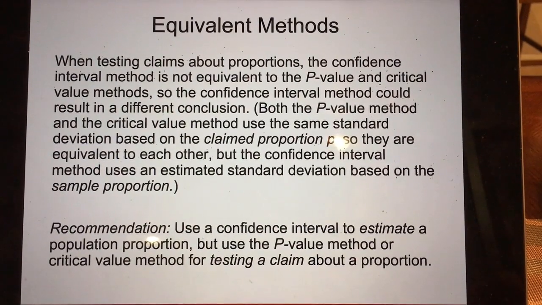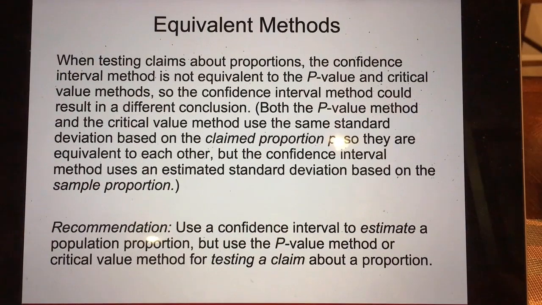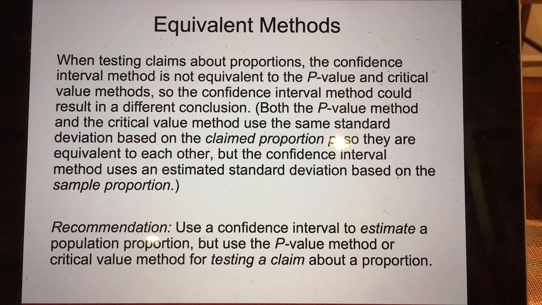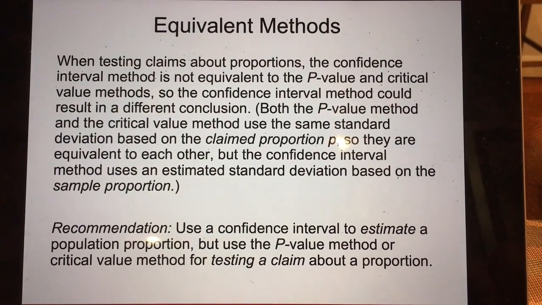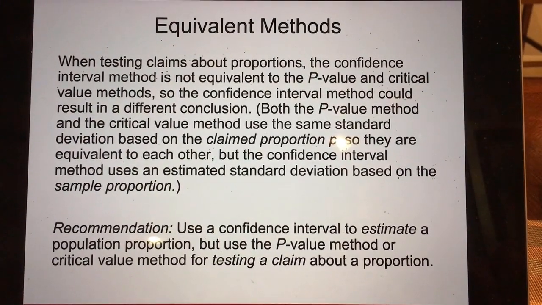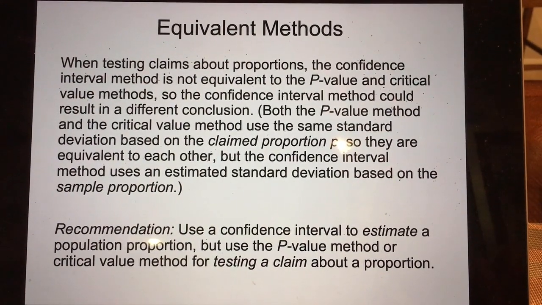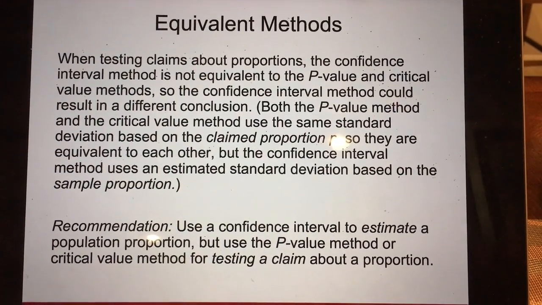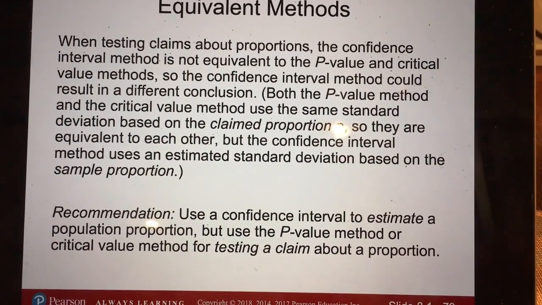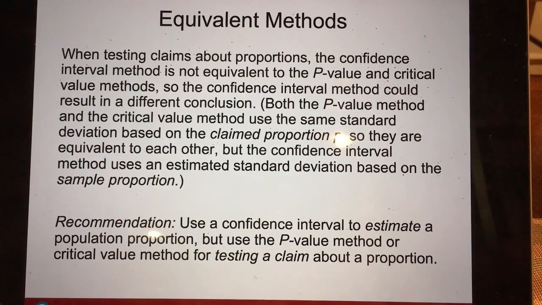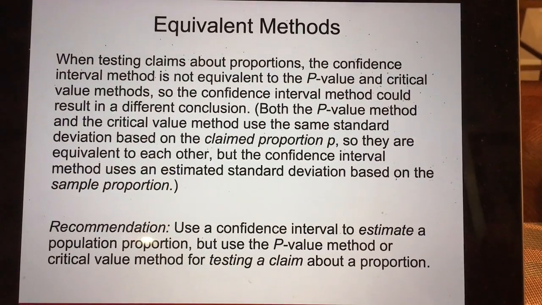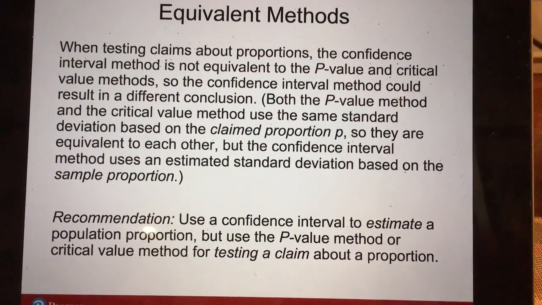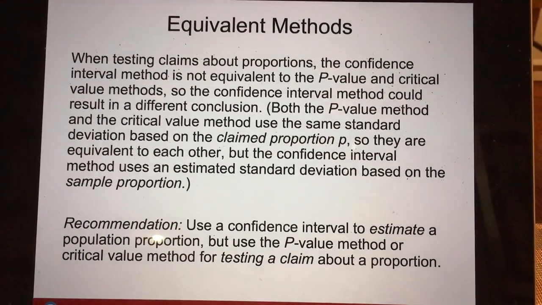So the confidence interval method could result in a different conclusion. Both the p-value method and the critical value method use the same standard deviation based on the claimed proportion p. So they are equivalent to each other, but the confidence interval method uses an estimated standard deviation based on the sample proportion. So it says use the confidence interval to estimate a population proportion, which we did in 7.1, but use the p-value method or the critical value method for testing a claim about a proportion.